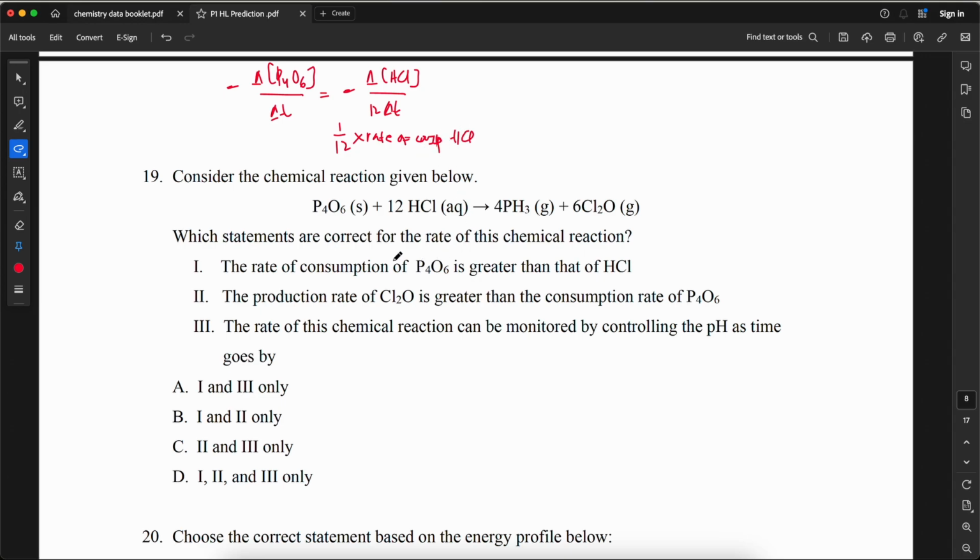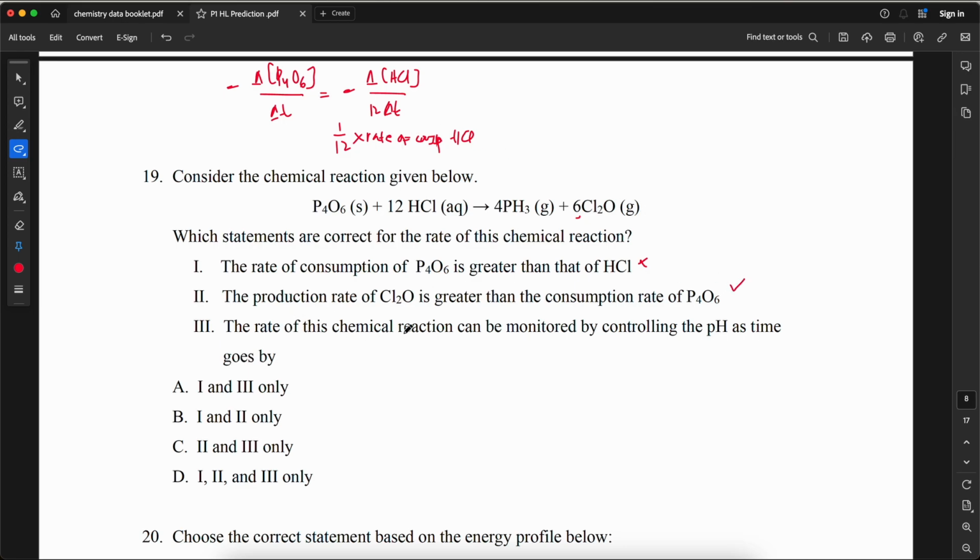So the rate of consumption of P4O6 being greater than that of HCl is incorrect. The production rate of Cl2 is greater than the consumption rate of P4O6, it means 6 times greater. For the production of Cl2O it is the same concept. So this one is correct.